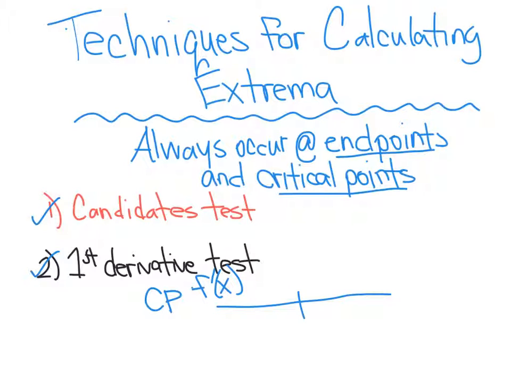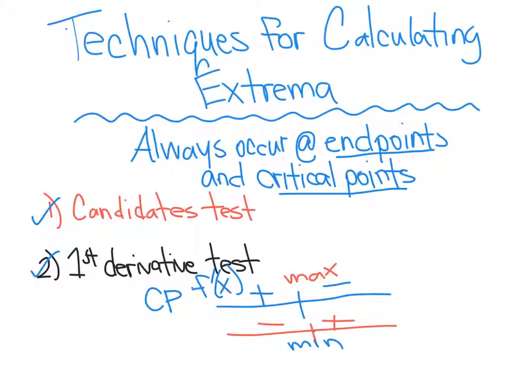And we learned that if the sign changes from positive to negative, because if we look at the motion, it's going positive and then negative, then that will give us a maxima. And if our first derivative sign chart changes from negative to positive, then we know the motion goes negative to positive, so then therefore we have a minimum.